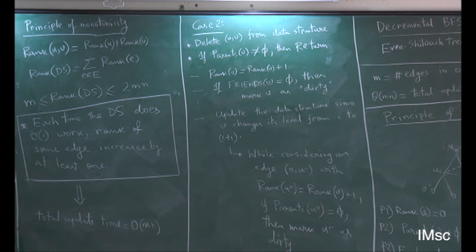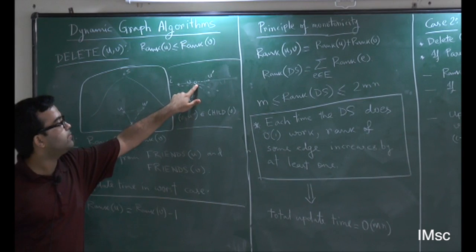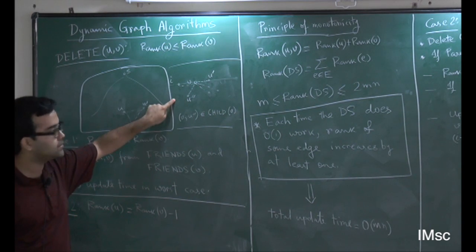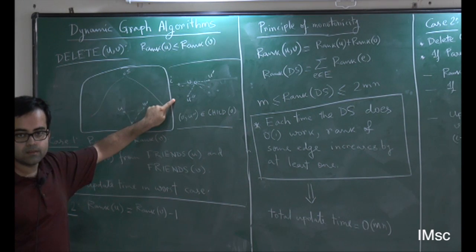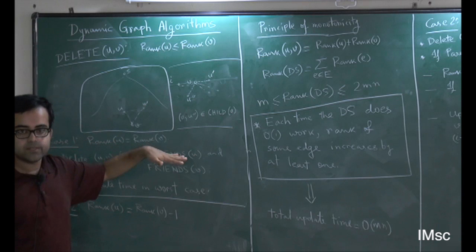Why? Because u double prime had only V as a parent, now V has increased its level and u double prime's level also needs to drop.